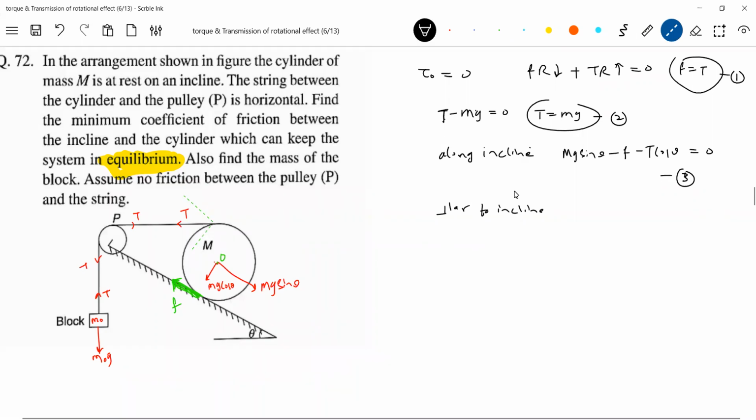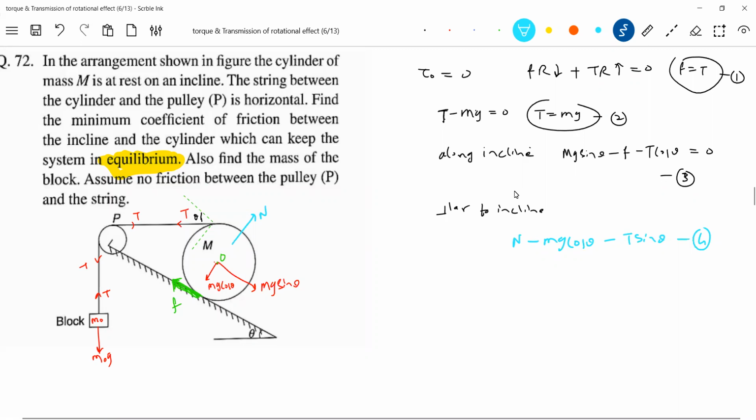And what can be this angle? Theta. So T cos theta, T sin theta. So perpendicular to the incline, the normal contact, I'm showing it here. Then N minus mg cos theta minus T sin theta equals 0.